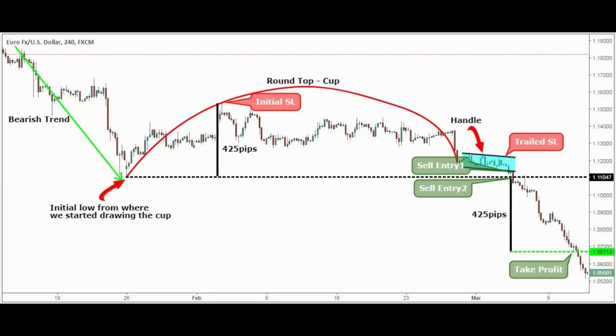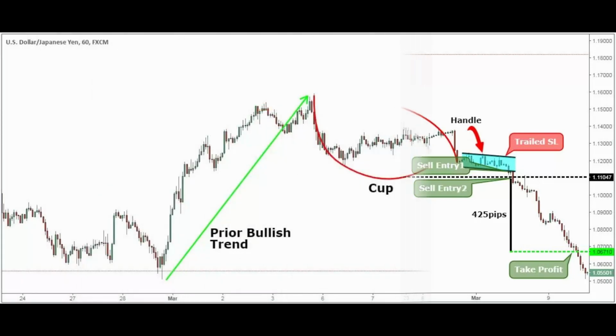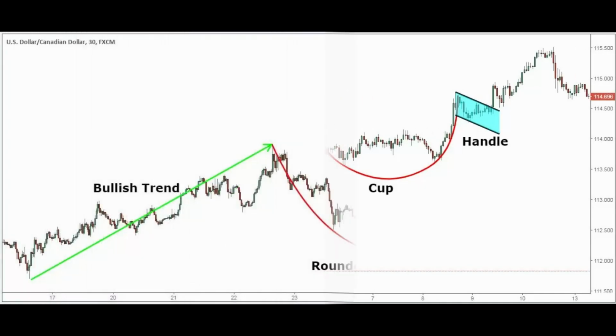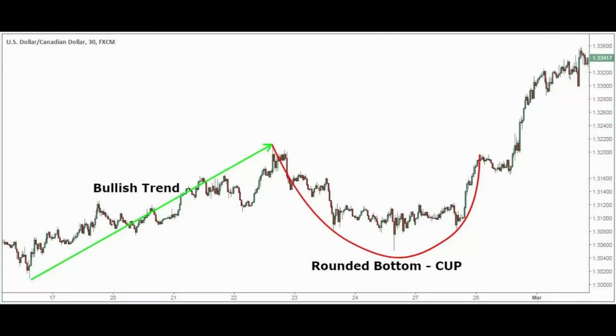Use the same rules, but in reverse, for a sell trade, but this time we're going to use the inverted cup and handle pattern. In the figure, you can see an actual sell trade example, using the cup and handle pattern. Once you learn what is cup and handle pattern, you have no more excuses not to have a chance to succeed in trading. In the technical analysis field, the cup and handle pattern is one of the most profitable chart patterns.